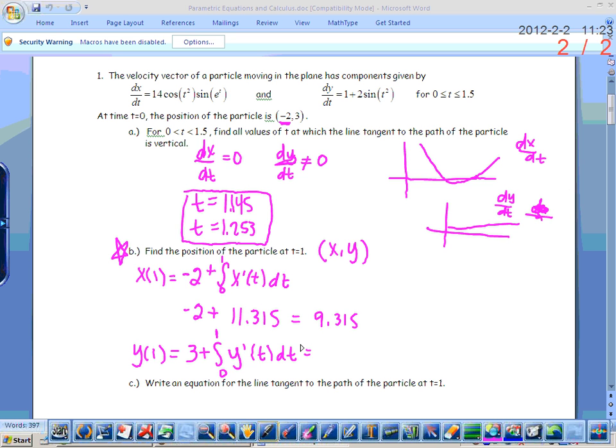You can type that into your calculator: 3 plus the integral of dy/dt, comma t, comma 0, comma 1. When you do that, you should get 4.621. And position is a point, so your final answer should be the point (9.315, 4.621).